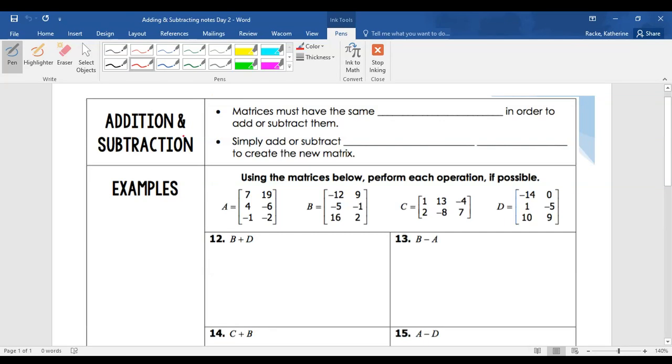All right, guys, day 2 of adding and subtracting and scalar multiplication with matrices. Just to reiterate a few things, matrices must have the same dimensions in order to add and subtract them. Again, remember this is rows by columns.